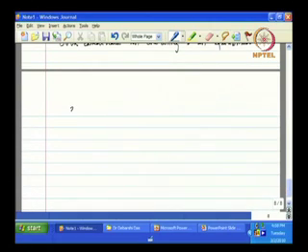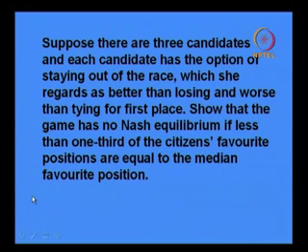Let us now try to extend this model. Suppose we have 3 candidates instead of 2. Does the result still hold? This is the exercise that we are interested in.